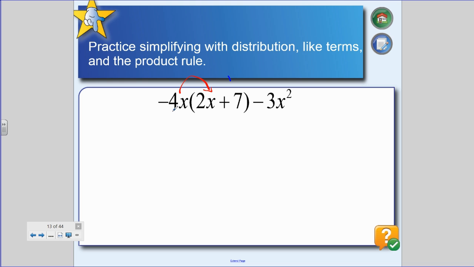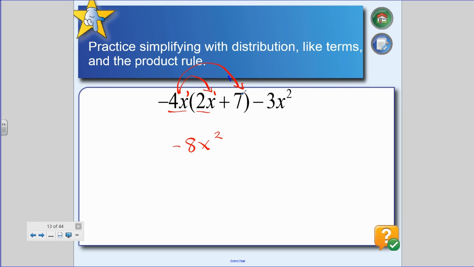I'm going to have to multiply negative 4x times 2x and a negative 4x times 7. Now, a negative 4x times 2x. So think back to a couple days ago. Negative 4 times 2 is negative 8, and x to the first times another x to the first is x to the second.